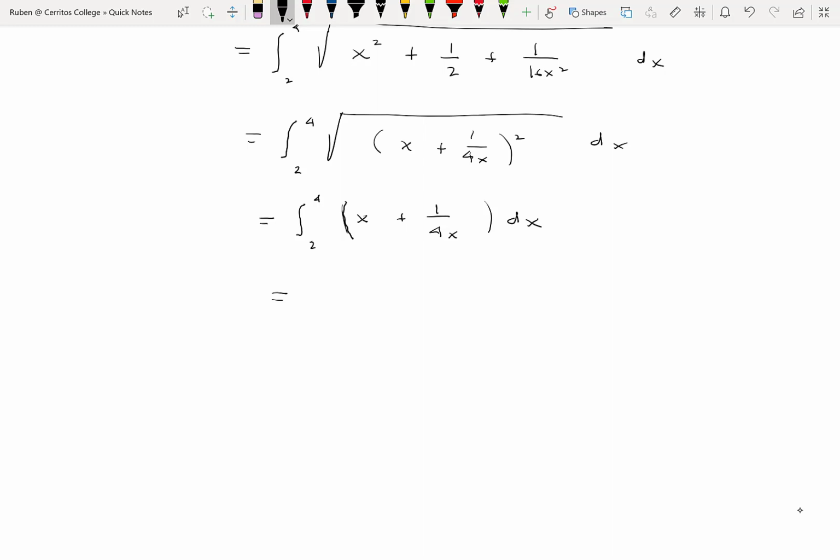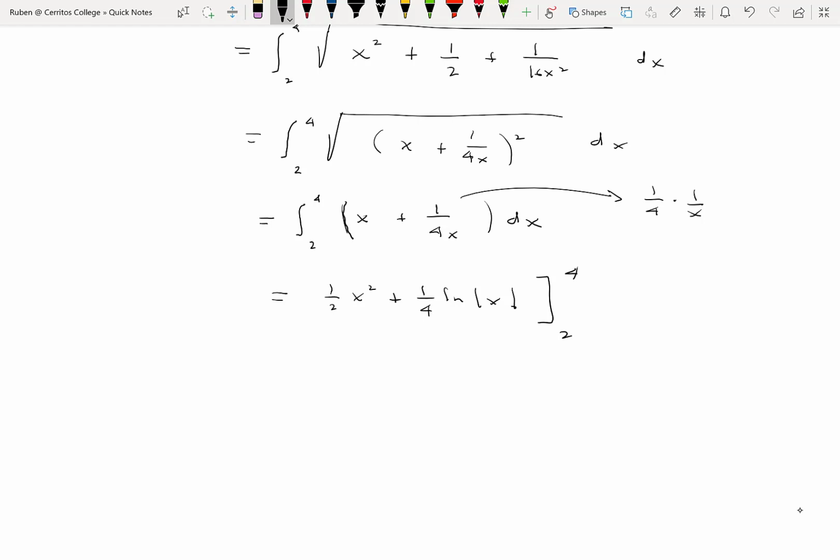So now it's a very simple integral. We simply evaluate the integral. The antiderivative of x is 1/2 x squared. Antiderivative of 1 over 4x: remember 1 over 4x now is just 1/4 times 1 over x, so its antiderivative is 1/4 times the natural log of the absolute value of x, taken between 2 and 4.